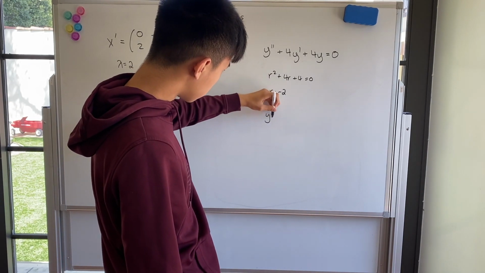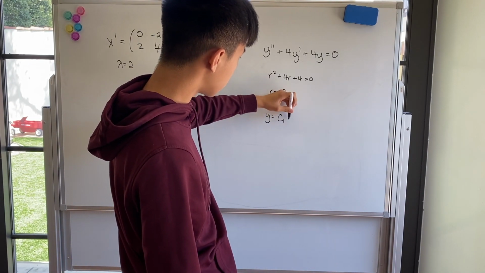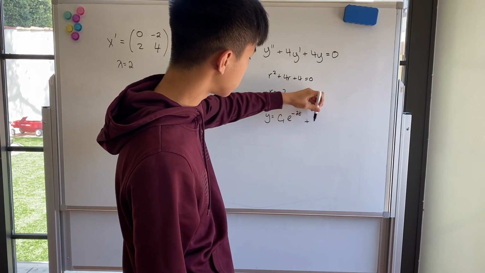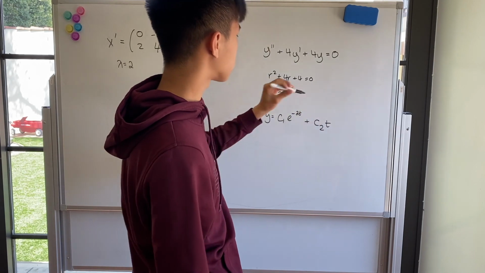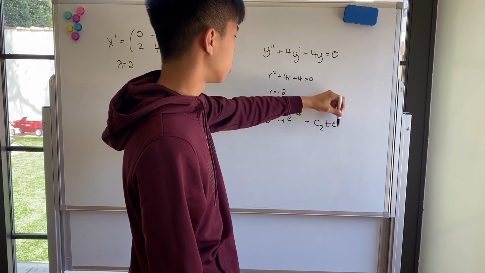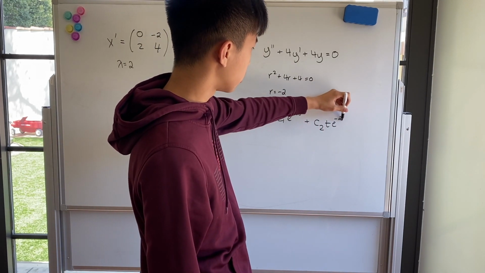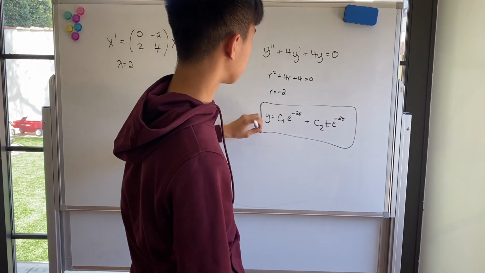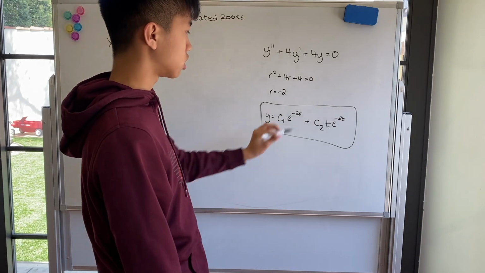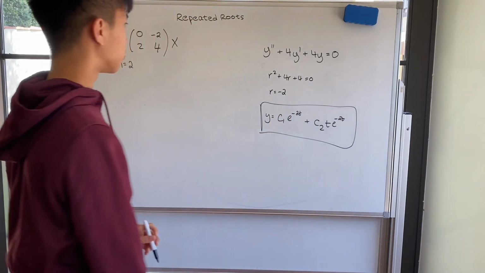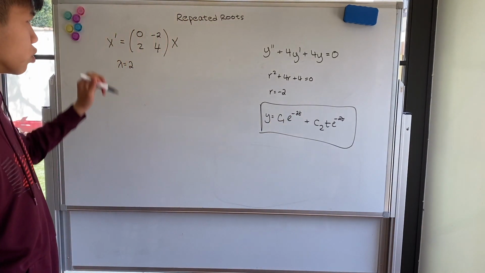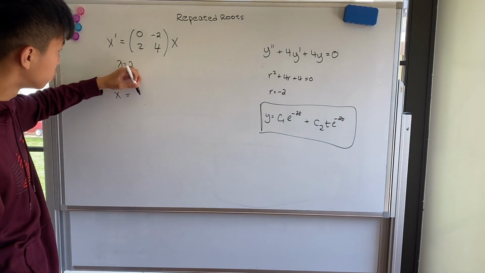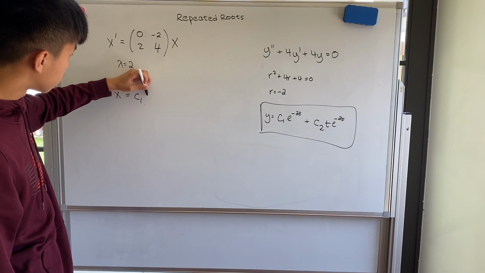Well, it's pretty simple. We just take c1e to the -2t plus c2, then we stick in this extra t here, then we stick in the e to the -2t, and that would be our solution to our differential equation. Simple like that.